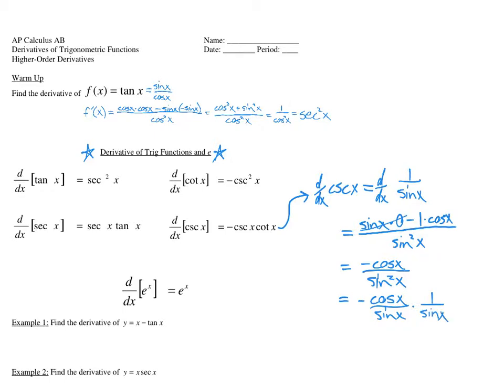Okay, I'm just splitting up the sine squared. And because I'm making this multiplication, I'm allowed to do this. And of course, what is cosine over sine? That's cotangent. And 1 over sine is cosecant. Okay? So we have a negative cotangent times cosecant, or cosecant times cotangent.